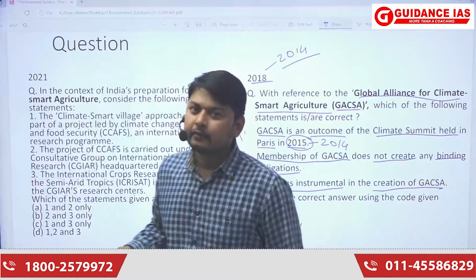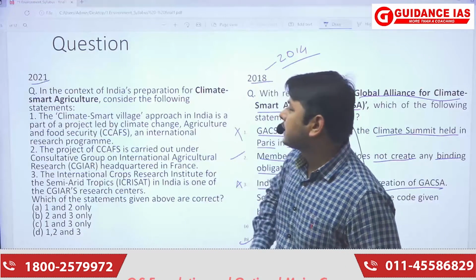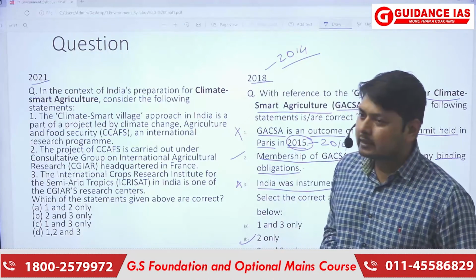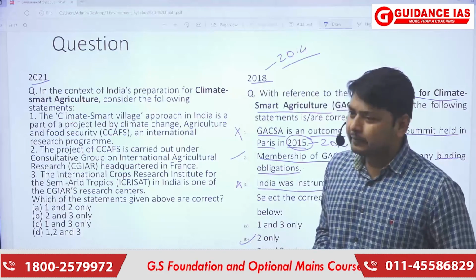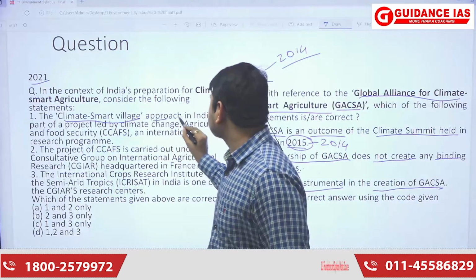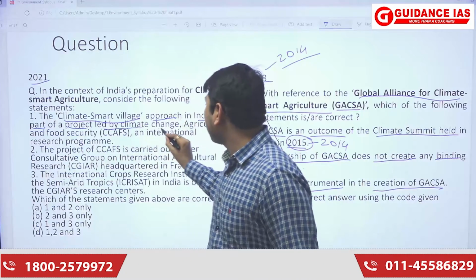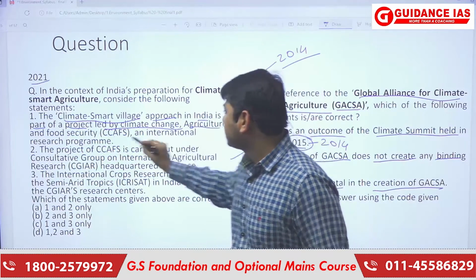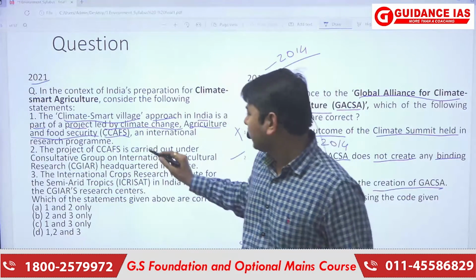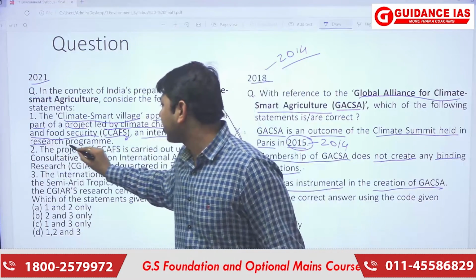Now let's see the 2021 question. It asks, in the context of India's preparation for climate smart agriculture, consider the following statements. Statement 1: the climate smart village approach in India is a part of a project led by Climate Change, Agriculture and Food Security, CCAFS, an international research program.